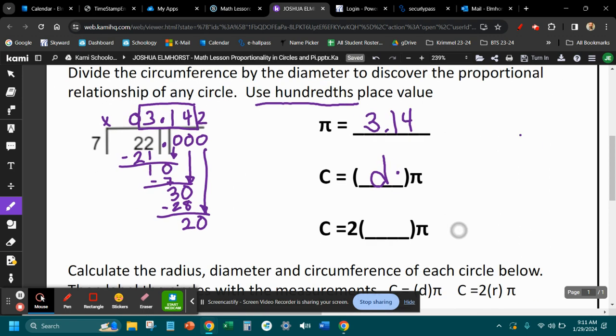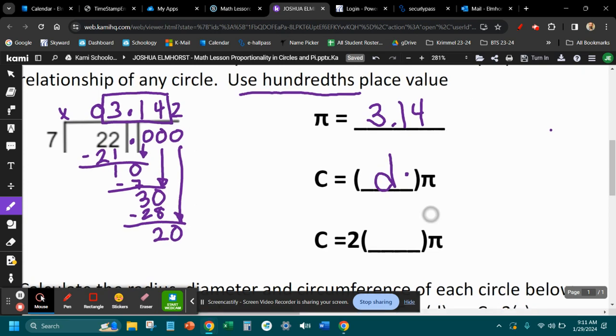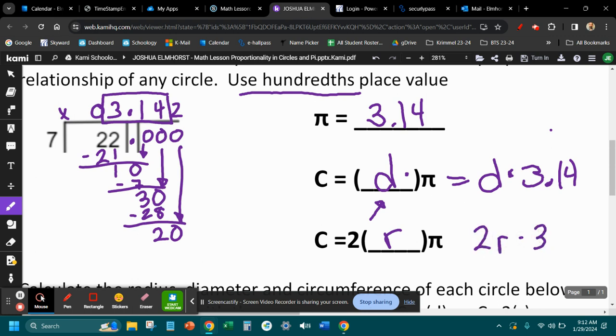Now, radius is half of the distance, so if we multiply 2 times the radius, that will give us back the diameter, and then we just do diameter times pi, and that will give us the value of the circumference. And we could extend this a little bit further, just say diameter times 3.14. And this would be 2 times r times 3.14 for the value of pi.